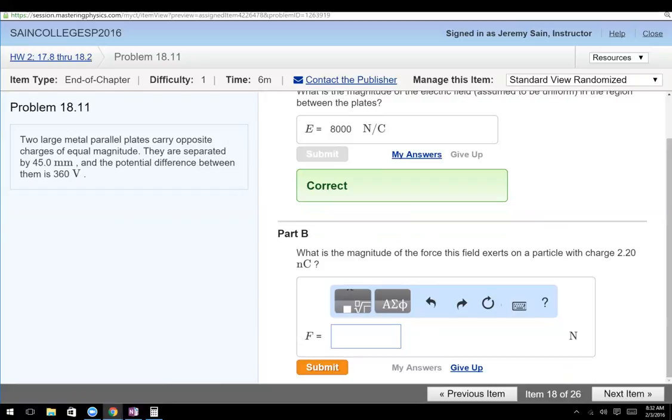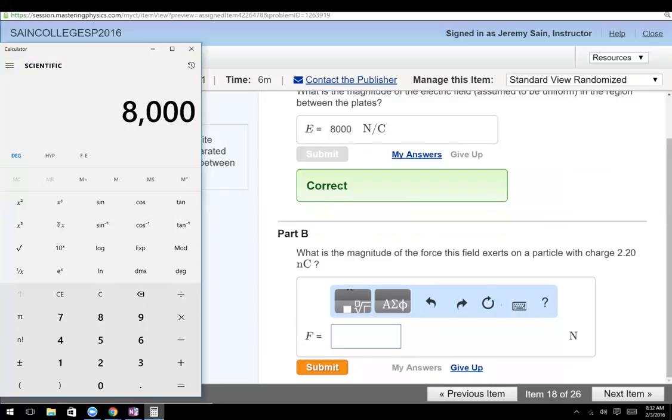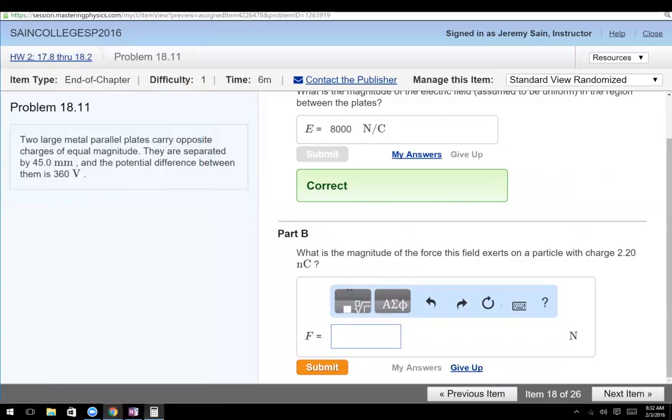So I've got my electric field, then times, okay, 8,000 times 2.2. And nano is 10 to the minus ninth. So if I move that, this is 10 to the fifth, so 1.76 times 10 to the minus fourth. Again, if I did my arithmetic right.